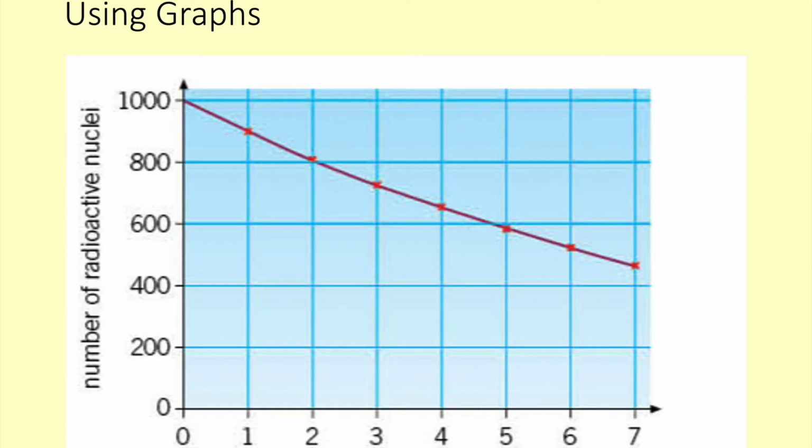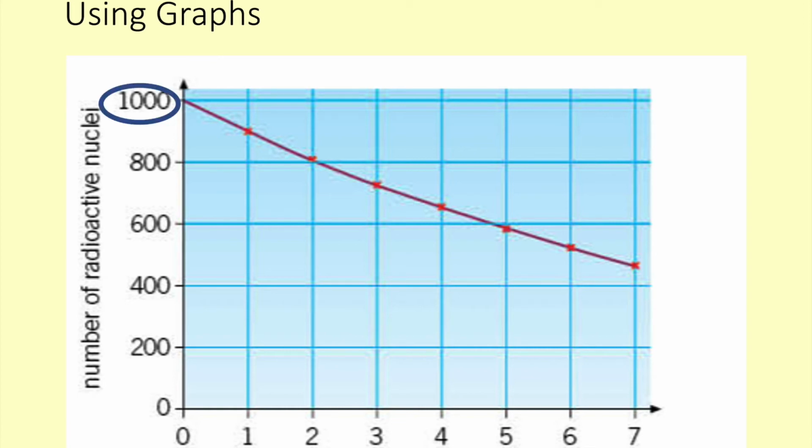Now, how we use graphs in order to work out the half-life. So here we've got a graph of number of radioactive nuclei on our y-axis and our time in hours on our x-axis. So we can use this graph to find the half-life by looking at the time it takes in order for our number of radioactive nuclei to halve.